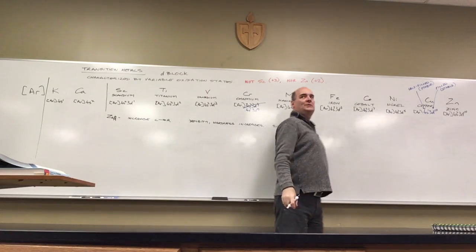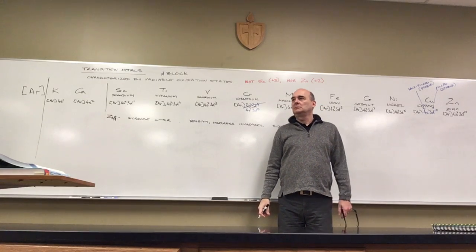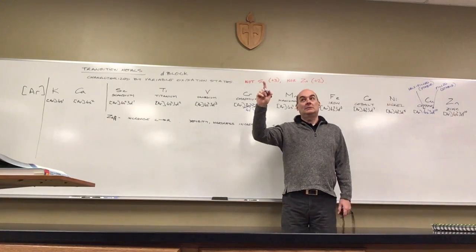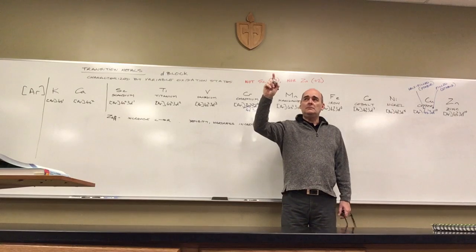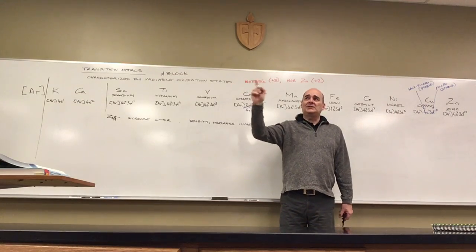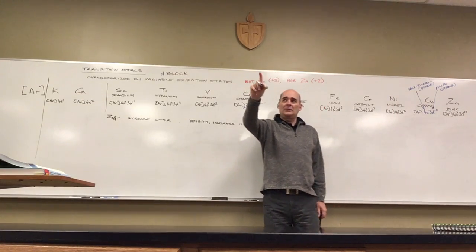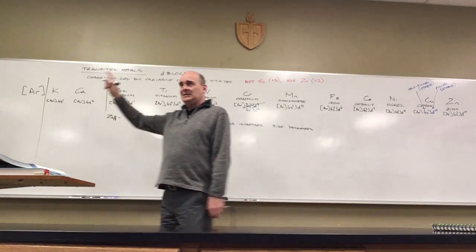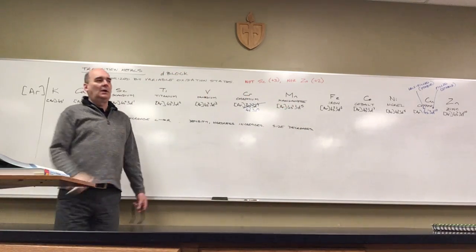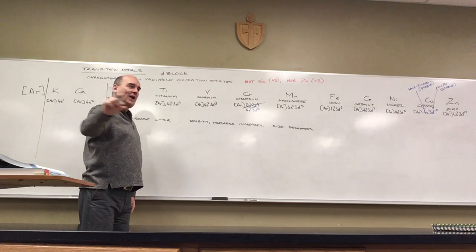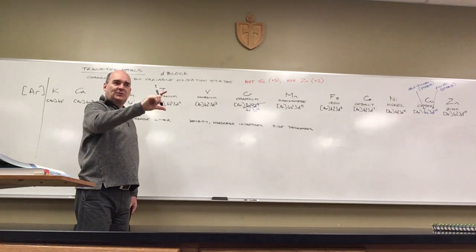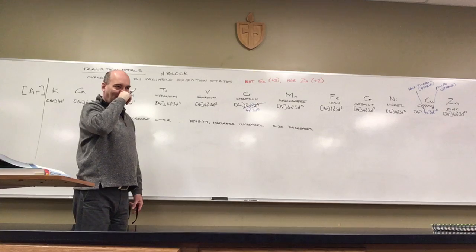Not like we saw when we plotted the atomic radius from group 1 through group 18, where all of the contraction really happened at the first part, the left-hand side of the periodic table.